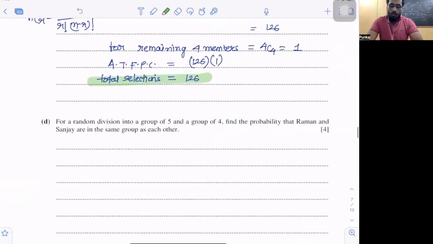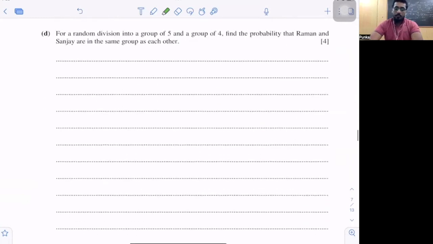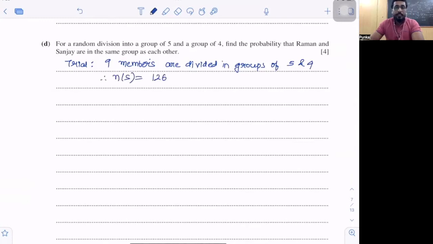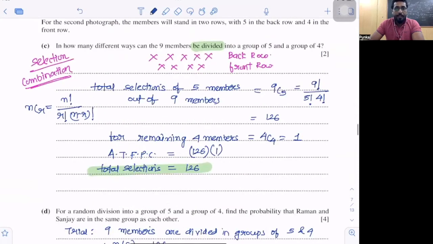So here the trial or the random experiment is 9 members are divided in groups of 5 and 4, right? So therefore, what is n of S? It is going to be 126. It is already evaluated over here. We are just going to make use of that answer.